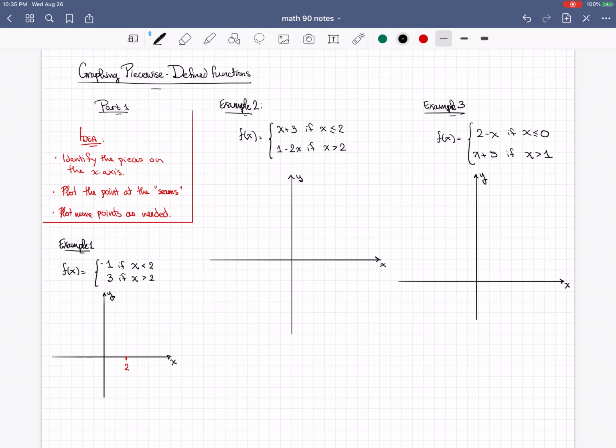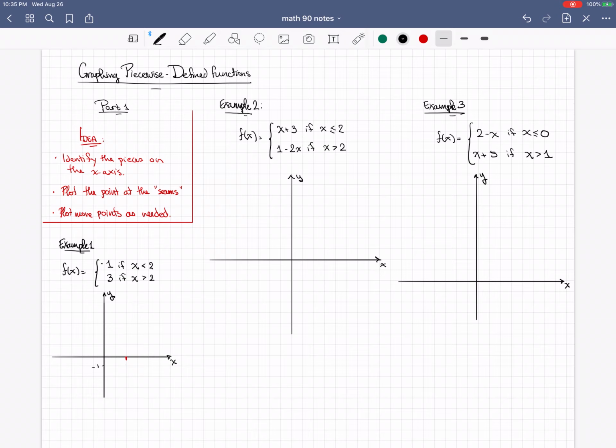If x is less than 2, so that's piece 1, the output is -1. I'm actually going to erase this 2 here to make a little bit of room. For any input less than 2, anywhere leading up to here, the function outputs -1. This is -1 here.